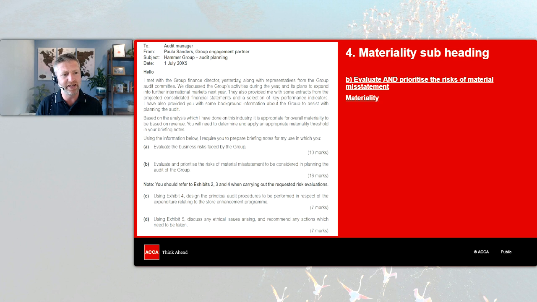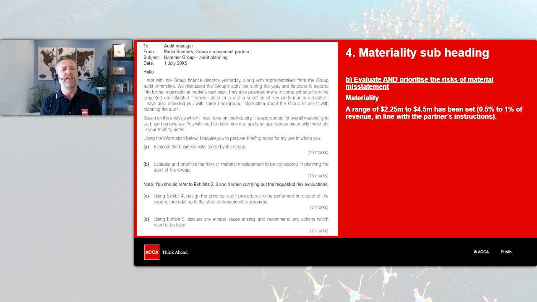So here in this paragraph, it tells us base your materiality on revenue. So I set my materiality range at 0.5% to 1% of revenue. You know, it could have said PBT, in which case it would have been 5 to 10% of PBT. Or if it's total assets, it's 1 to 2%. So it's not always 0.5 to 1%, but if it's revenue, it is 0.5 to 1%.